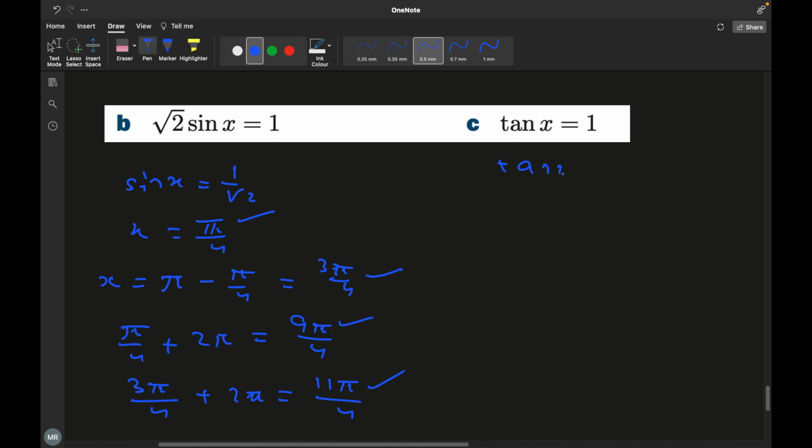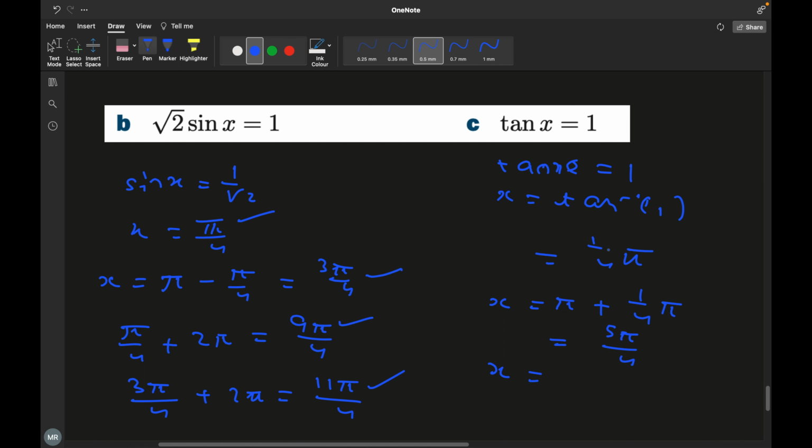Let's do tan x equals 1. So x will be tan inverse of 1, which is also 1 by 4 pi. And x would be pi plus pi by 4, which is 5 pi by 4.